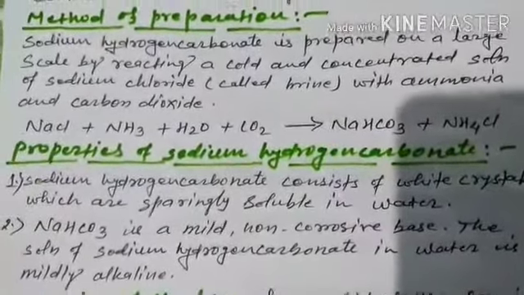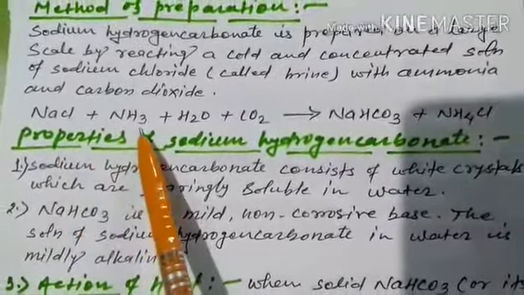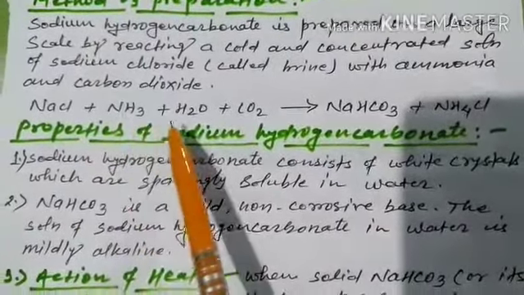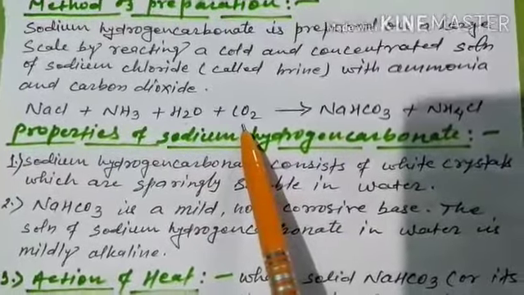So dear students, the formula of sodium chloride is NaCl, ammonia is NH3, water is H2O and carbon dioxide is CO2.